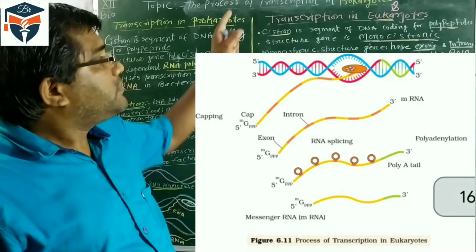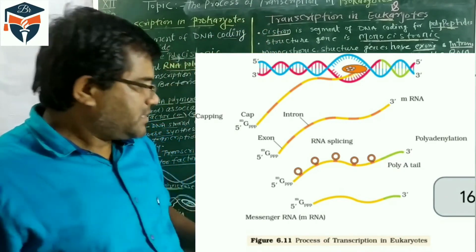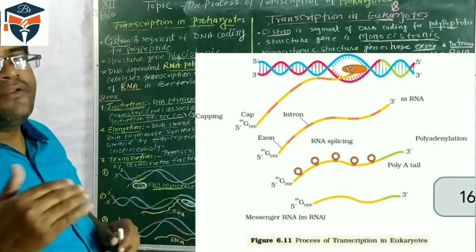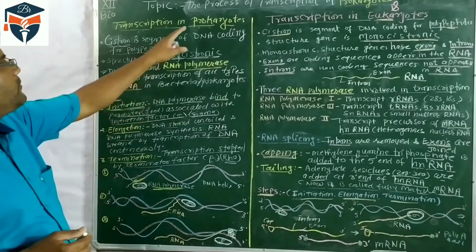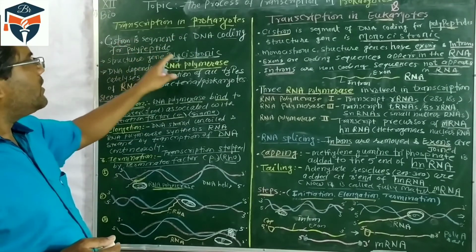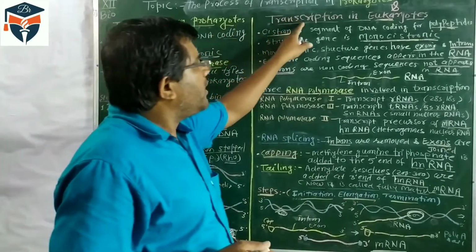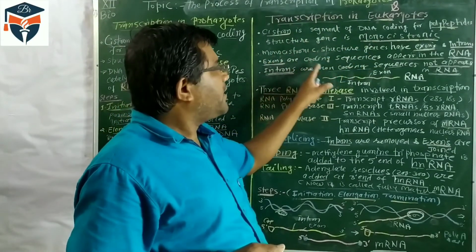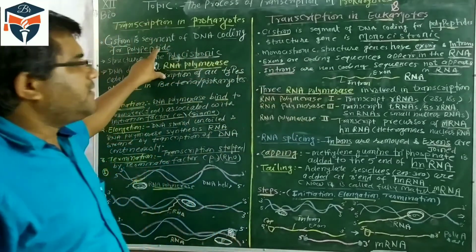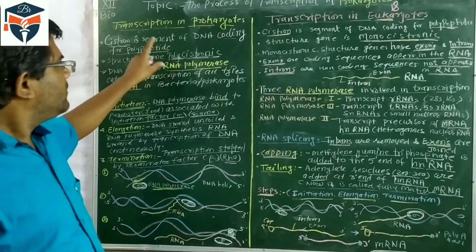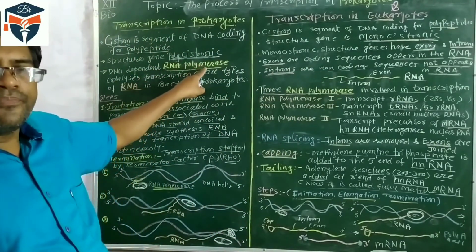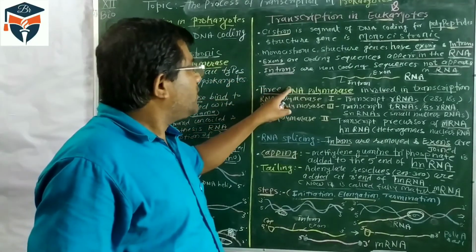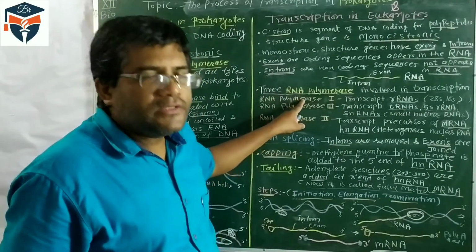It means one strand of DNA transcribes to RNA. Now overall, what are the differences? In prokaryotes the cistron is polycistronic, but in eukaryotes it is monocistronic. In eukaryotes there are exons and introns; here in prokaryotes exons and introns are not there. Third, in prokaryotes one RNA polymerase is required for synthesis of RNA, but in eukaryotes 3 types of RNA polymerase are required.